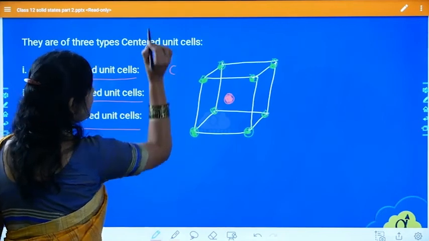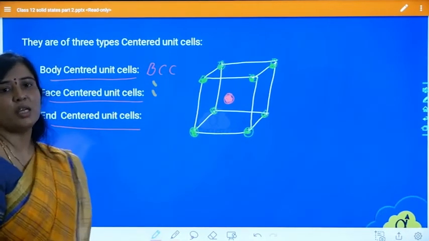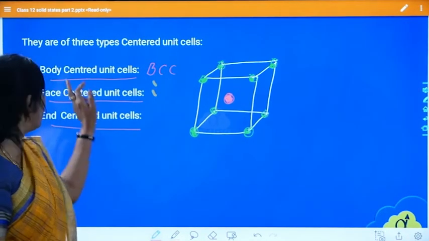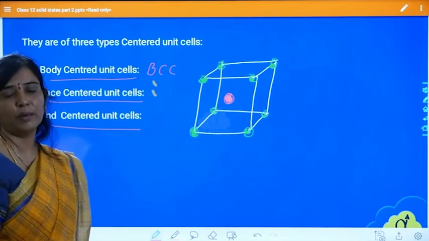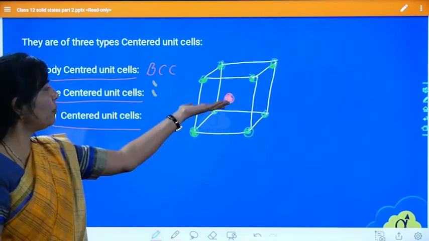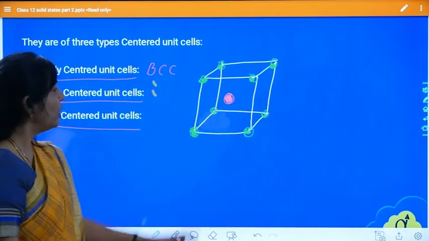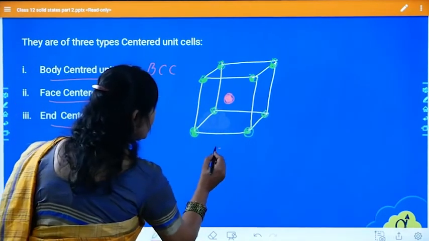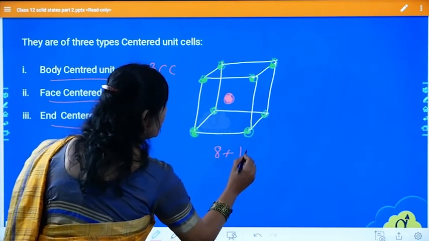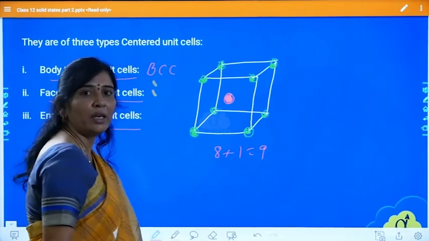It can be abbreviated as BCC. BCC means body centered unit cell. Now how many lattice points are present in BCC? 8 corners, so 8 plus 1. So how many lattice points are there? 9.